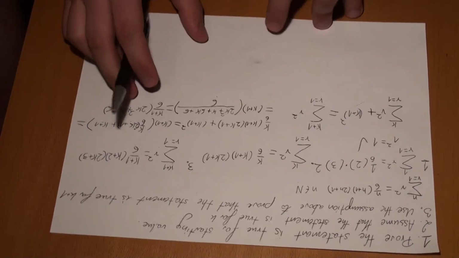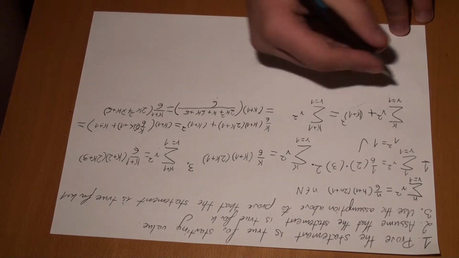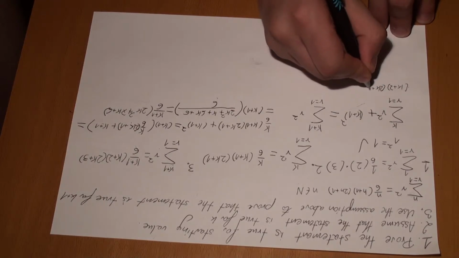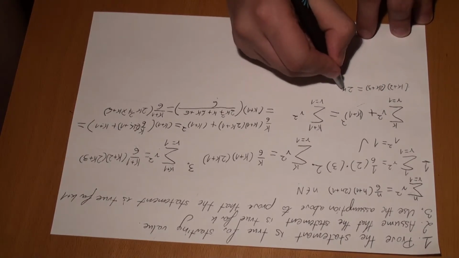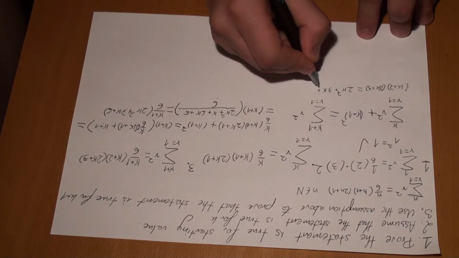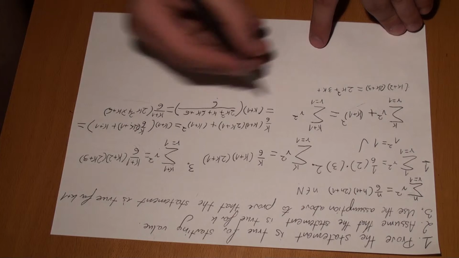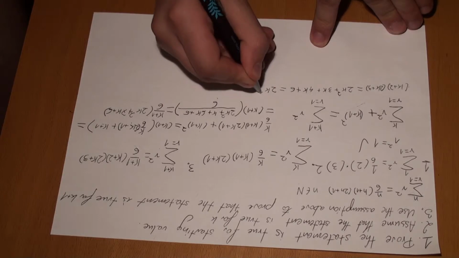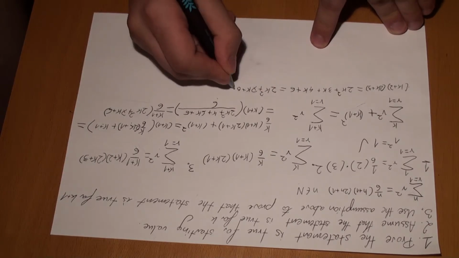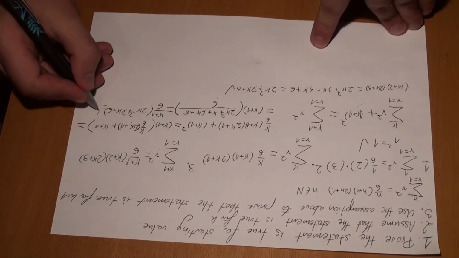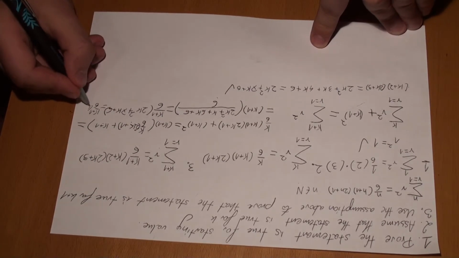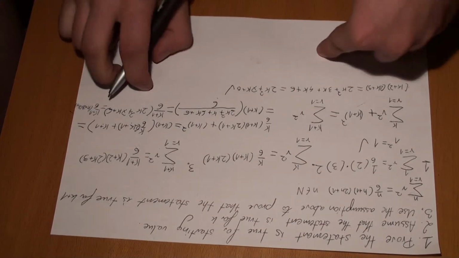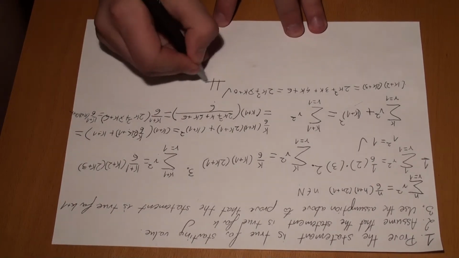Okay, so let's see if this is equal to this. k plus 2 multiplied by 2k plus 3, that is equal to 2k squared plus 3k plus 4k plus 6. That is equal to 2k squared plus 7k plus 6. Proven. That is equal to k plus 1 over 6, k plus 2, 2k plus 3. Okay, so the mathematical proof is done.